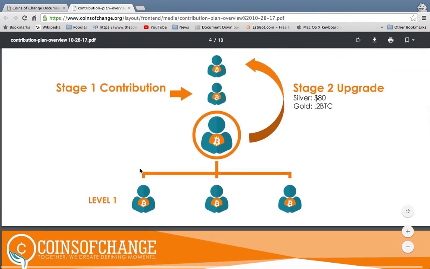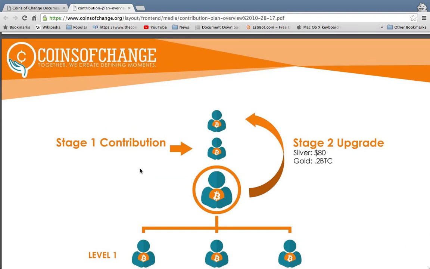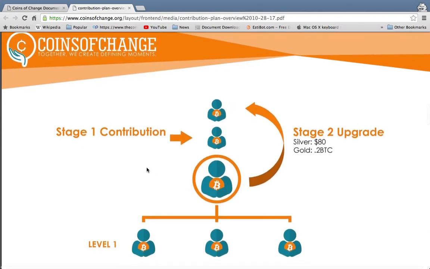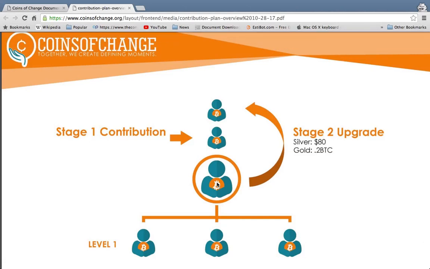Now watch this. Again, this is you, and these are your 3 contributors. Now you just upgraded to stage 2. When you upgraded to stage 2, this is a push it forward system. So that $80 upgrade contribution went to the person 2 people ahead of you.